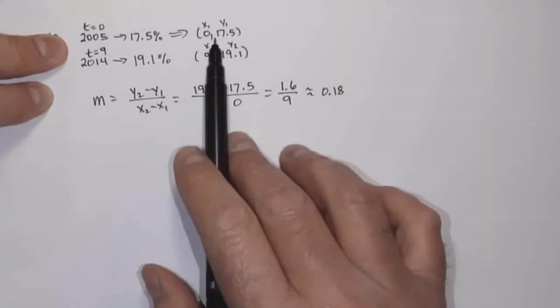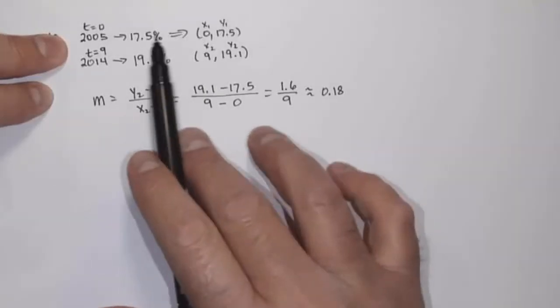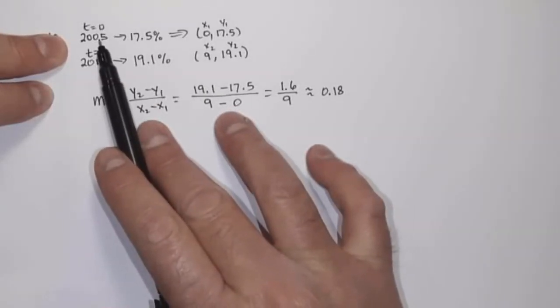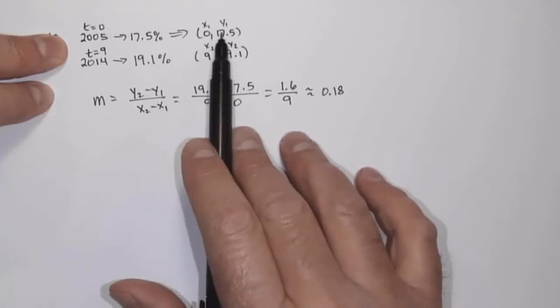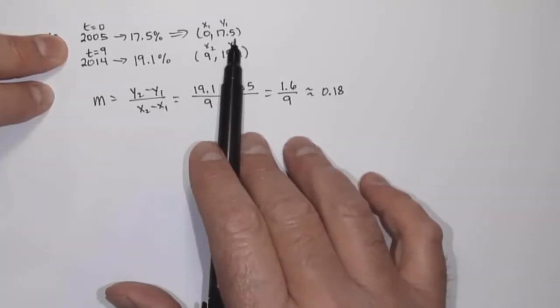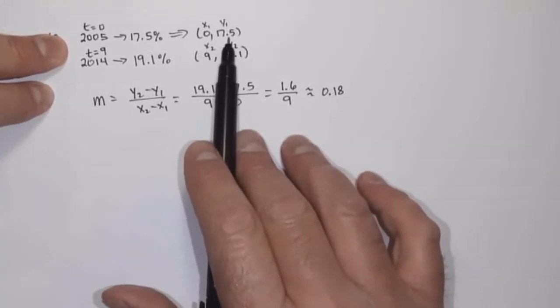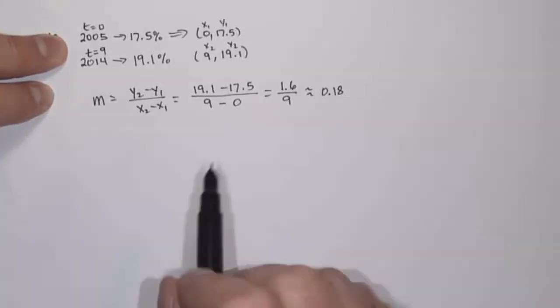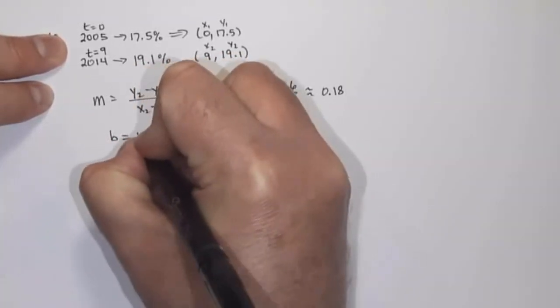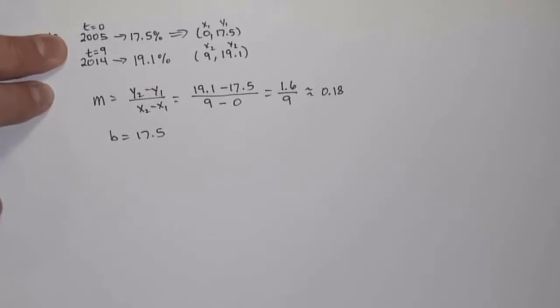Now I also know, since we called the year 2005 year 0, I have the point (0, 17.5). So that means 17.5 is the y-intercept because x is 0. Okay?